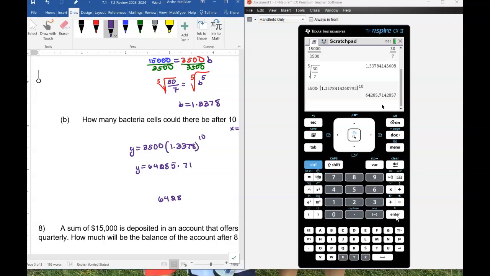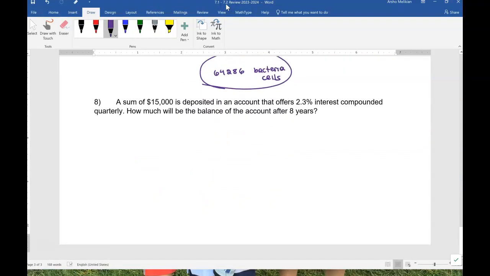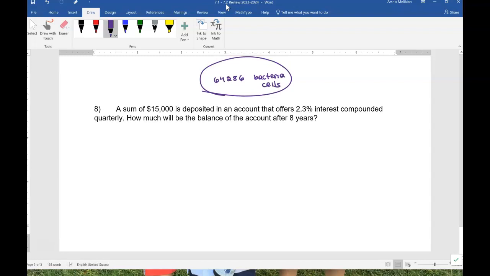Let's round it to the nearest bacteria cell. Okay. Always round correctly. Don't say, okay, we always have to round up. No, always just round mathematically and correctly. Okay, questions.